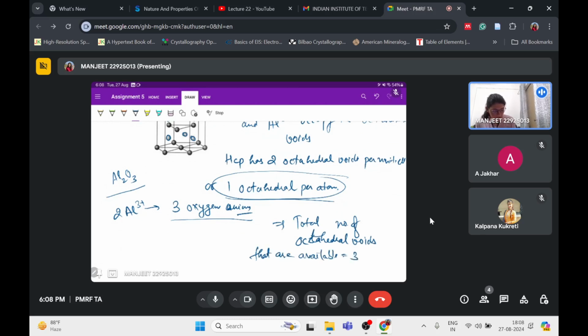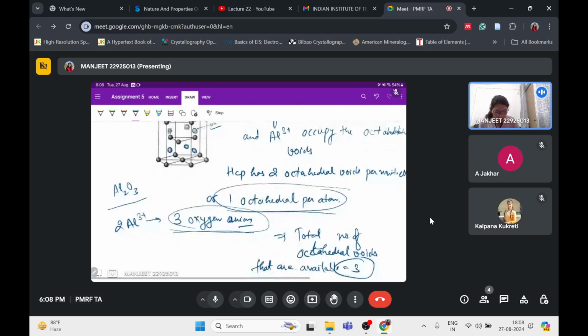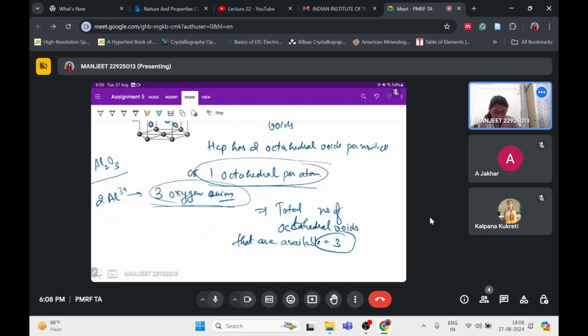But corresponding to these three we have only two aluminum ions. So from this stoichiometry we can say that only two octahedral sites will be filled. The number of octahedral voids occupied by Al3+ will be only two, because three are available.